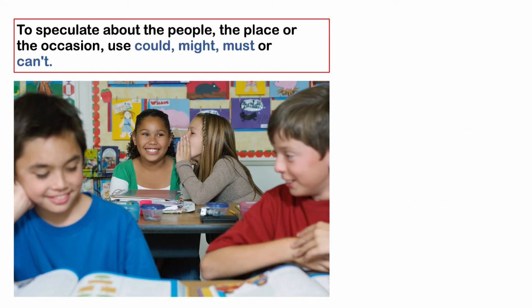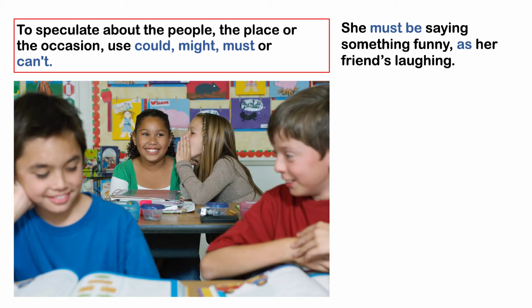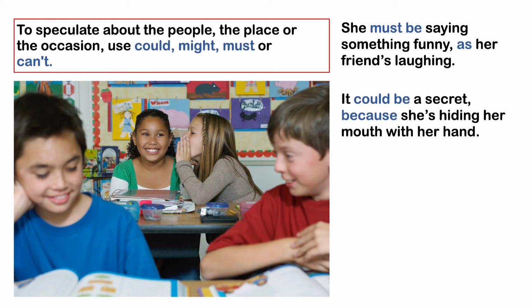To speculate about the people, the place, or the occasion, use could, might, must, or can't. She must be saying something funny, as her friend's laughing. It could be a secret because she's hiding her mouth with her hand.